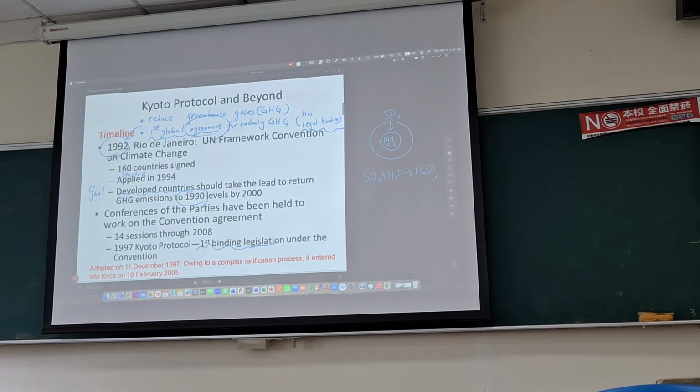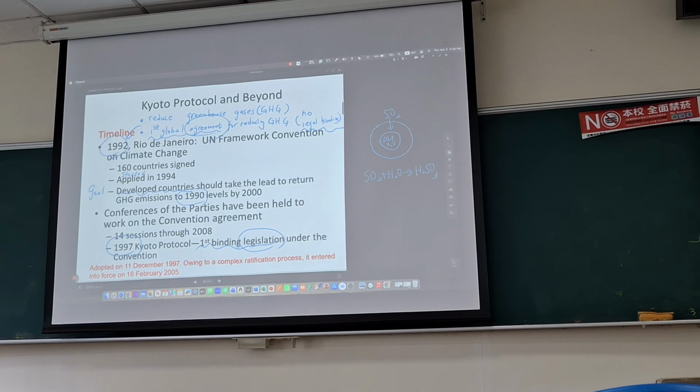The 1992 one has no legal binding, but the one in 1997 has legal binding. That means the countries that want to participate must obey these agreements to try to reduce greenhouse gas emissions.